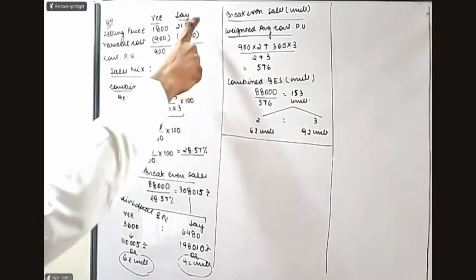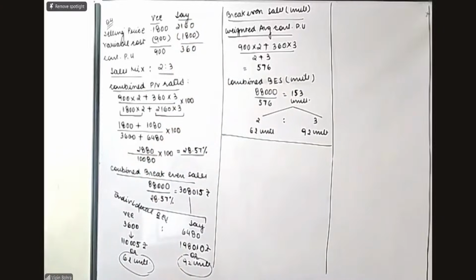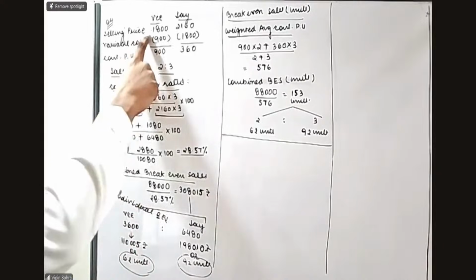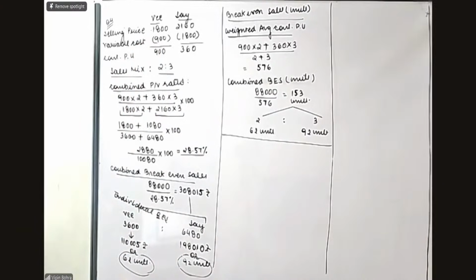If we divide it by the selling price, we will get the units. I hope it is clear, Mujahid. This is 1,10,005 divided by 1,800. We will get the units. I hope it is clear, Mujahid.